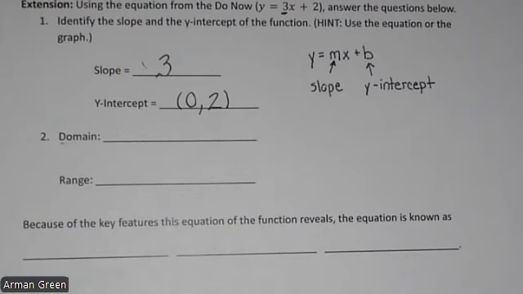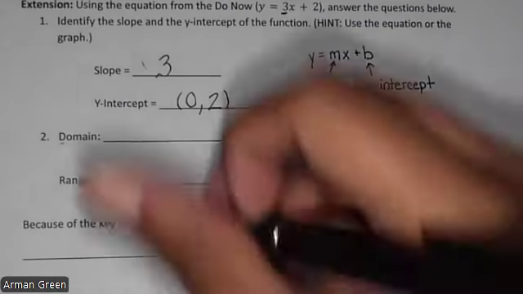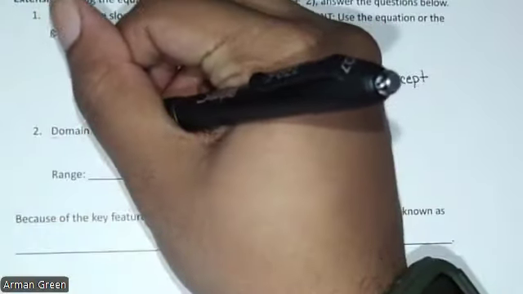Now, the other thing that we want to take into consideration with lines or graphs is that we want to identify the domain and the range. If you do not remember from Algebra 1 what it means when it talks about domain and range, for the domain, we're focusing on x values.